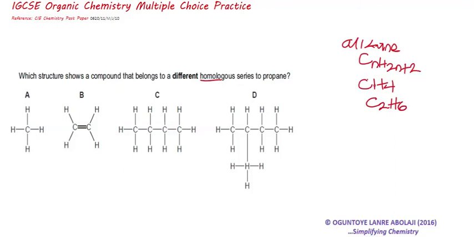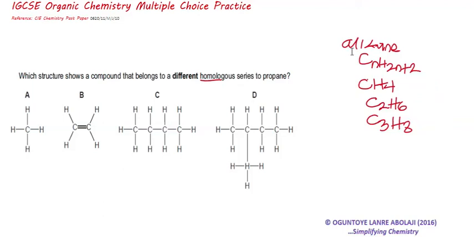If you look at the difference between them, it is CH2. The difference between methane and ethane is CH2. So these compounds are said to belong to a family called alkane, which is a homologous series. Is that taken? Okay.